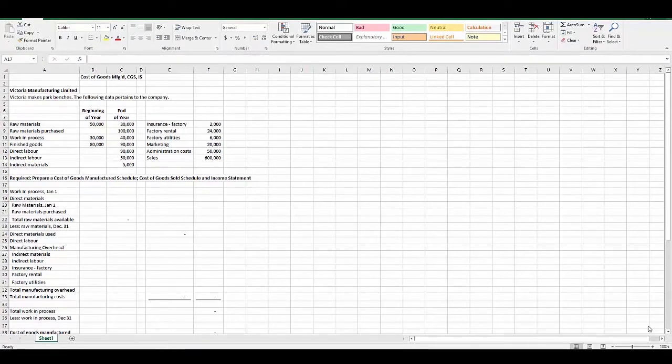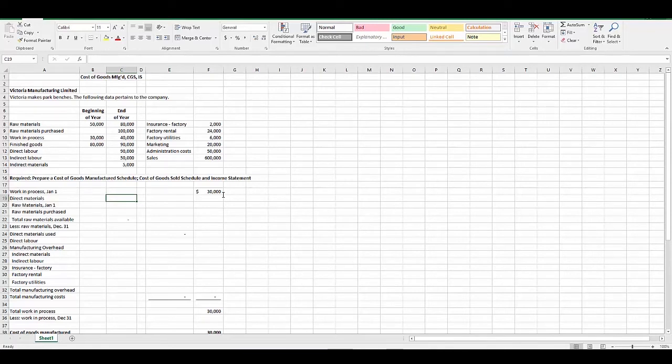So we're starting with the first line item, which is our beginning work in process. And you can see from the information that we are given, the beginning work in process is $30,000. So we'll just enter in our $30,000. Then we want to figure out how much materials we have used during the period.